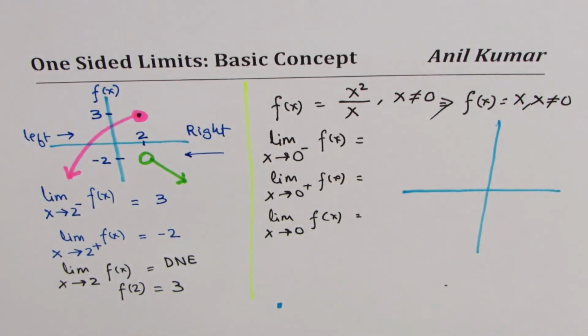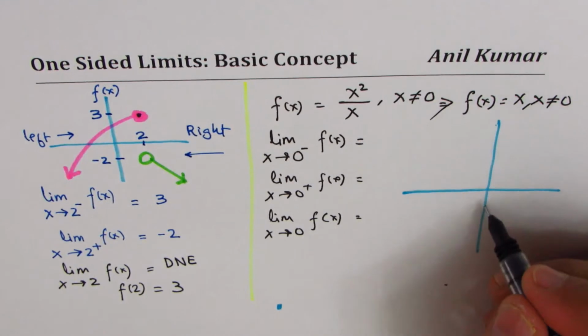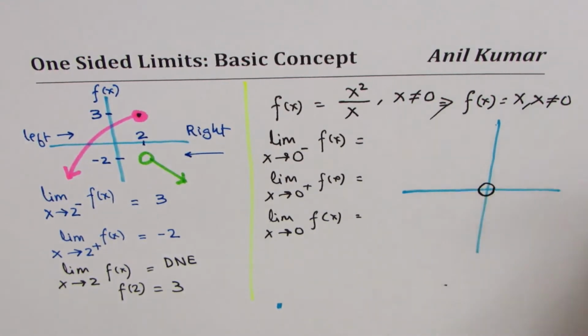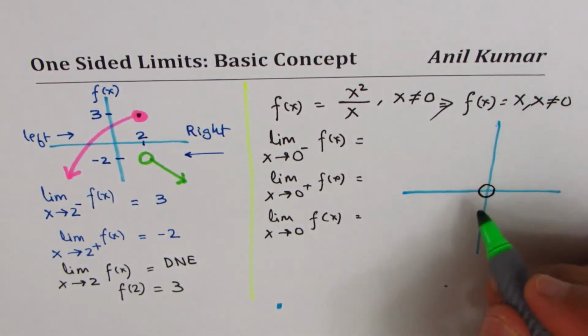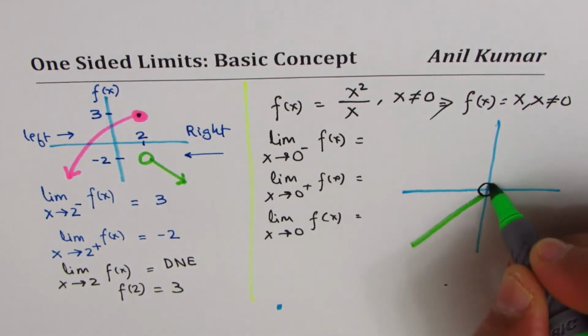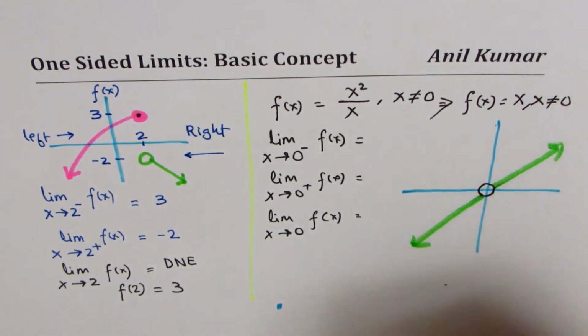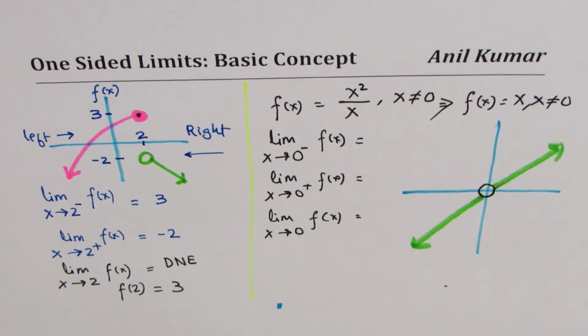Does it make sense to you? Yes, it does, right? So basically at 0 we have a hole, and the function could be graphed as x. Perfect. So that becomes the given function.